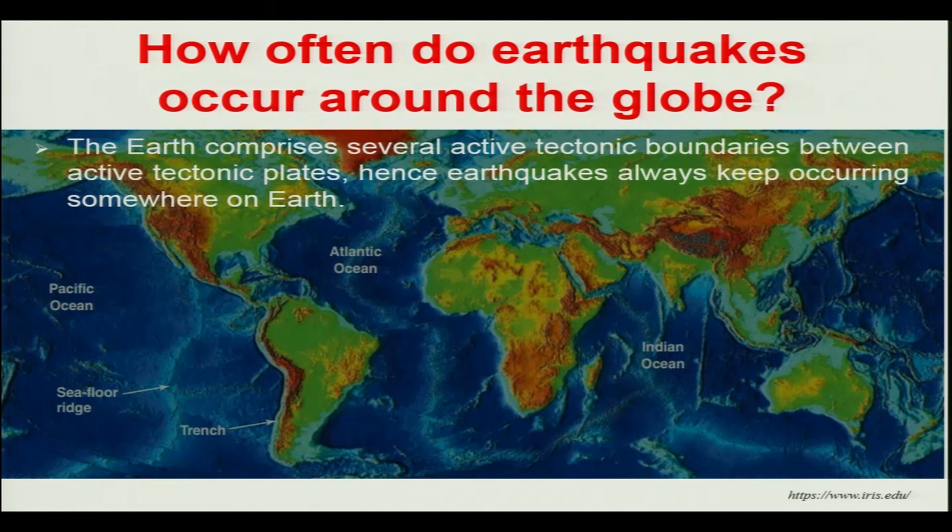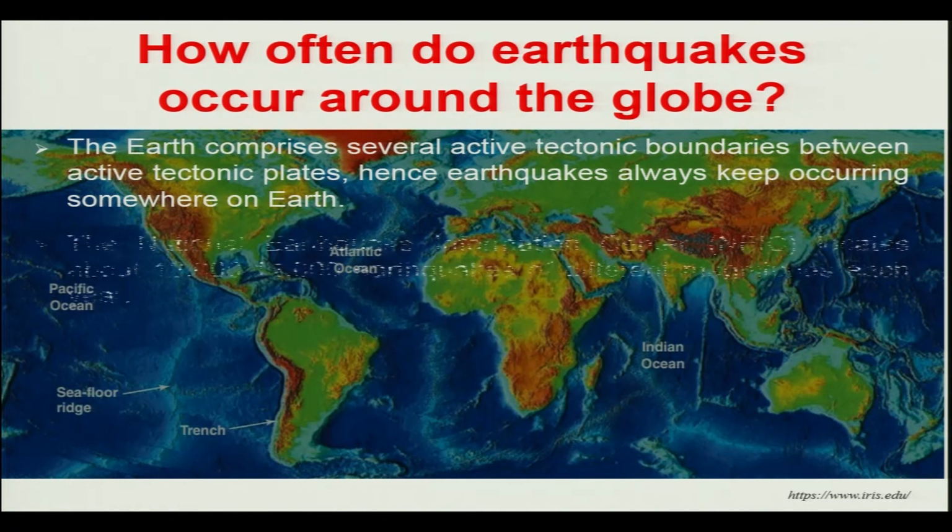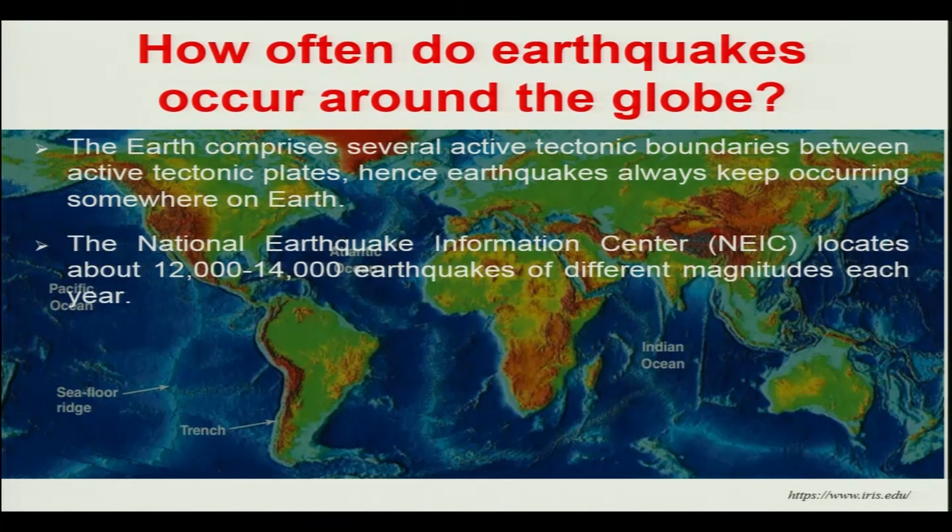Hence, earthquakes are always occurring somewhere on the Earth because of the ongoing deformation, because these plates are moving with a particular speed with respect to one another. The National Earthquake Information Center, NEIC, locates about 12,000 to 14,000 earthquakes of different magnitude each year.